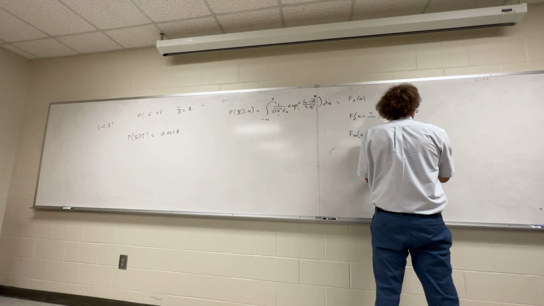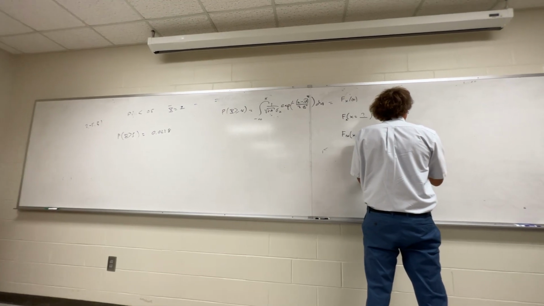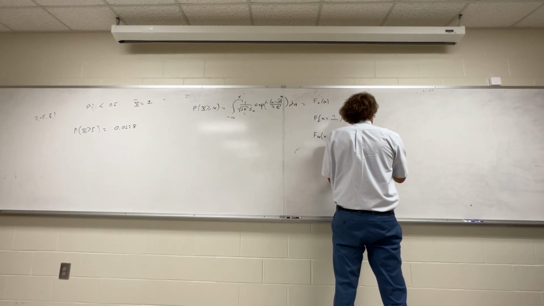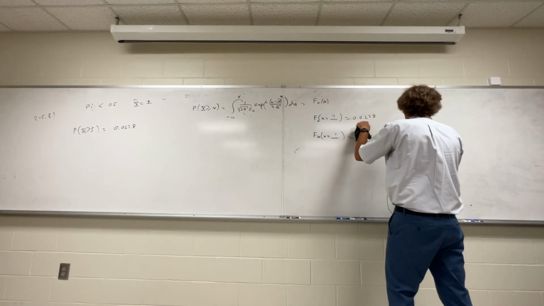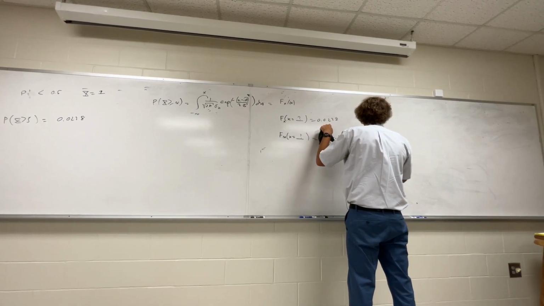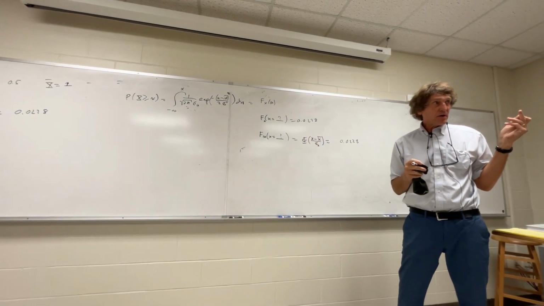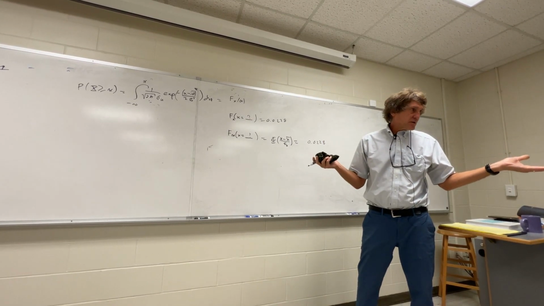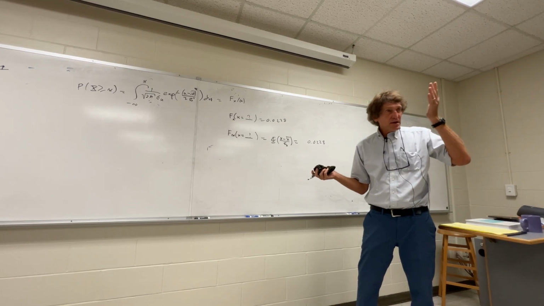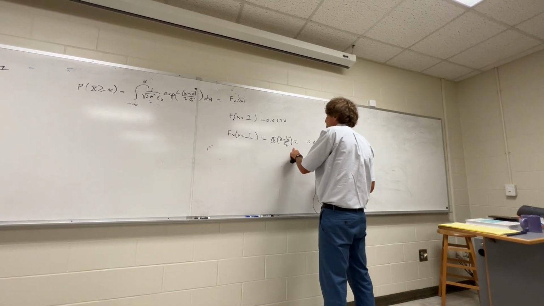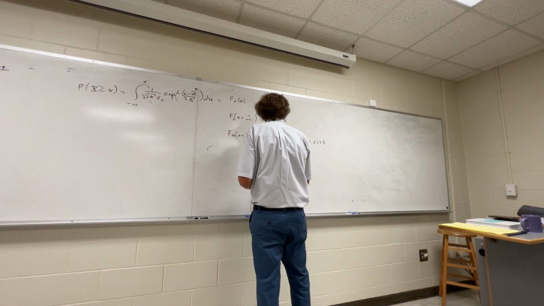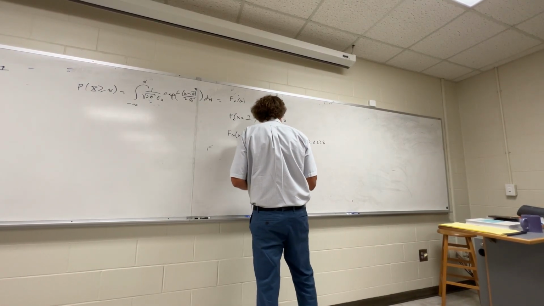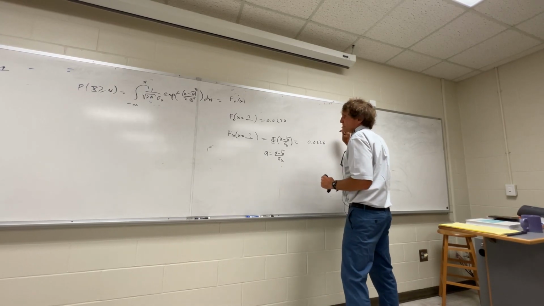So this is x minus x bar over sigma x, and that is equal to 0.0228. Y'all with me on this, class? This is normalized, correct, class? It is the characteristic function, just the integration from minus infinity to there, but normalized, right? So let A be equal to x minus x bar over sigma x right here.